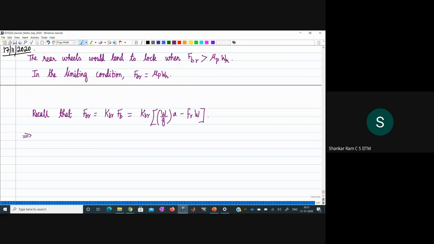So the equation gives us KBR times (W by g A minus FRW) is equal to mu P times WR, which is equal to W by L times (L1 minus A by g H).